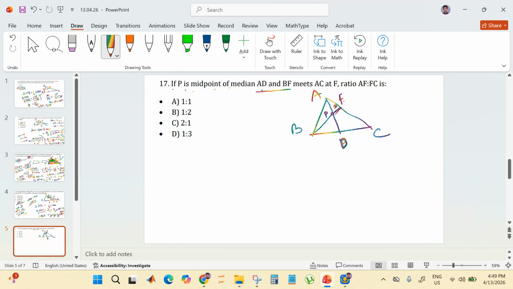Then you have to find AF is to FC. Otherwise, if the previous drawing was true, then the answer should be 1:1. But the answer is not exactly 1:1. It is AD and BF through P that you have to find.